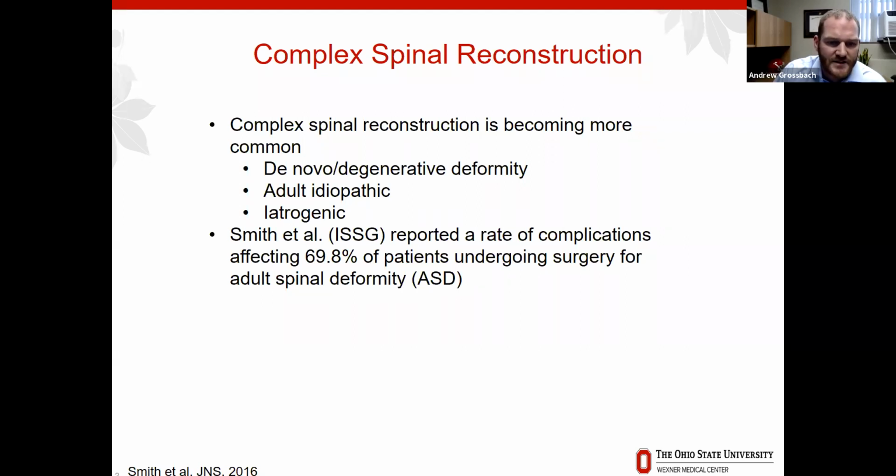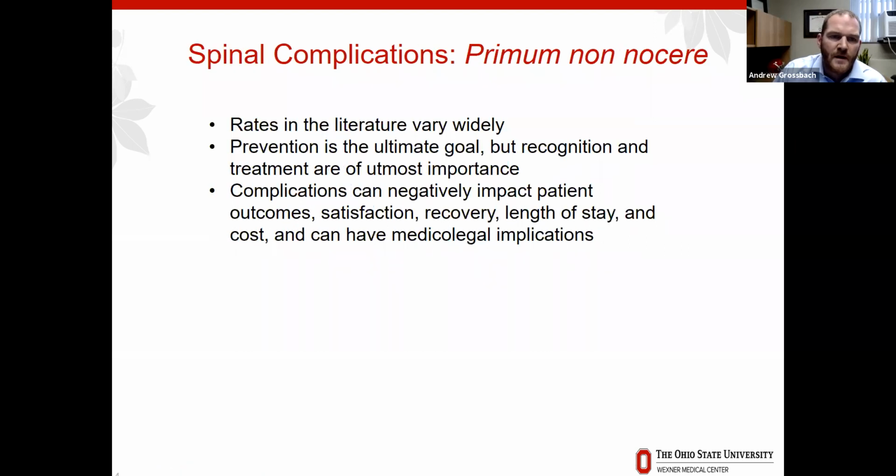I essentially counsel these patients that you're undergoing a complex reconstruction. You're going to have some complication. Hopefully it's minor, but these are high risk surgeries. So we need to do everything we can to try to minimize these complications. The rates do vary widely in the literature. I quoted that 70% number, but it kind of depends on what you count as a complication.